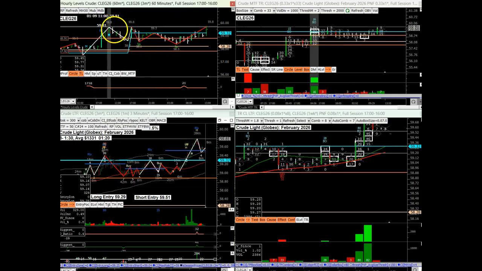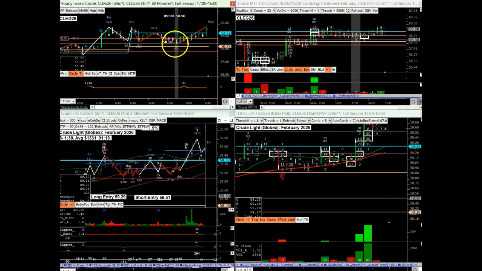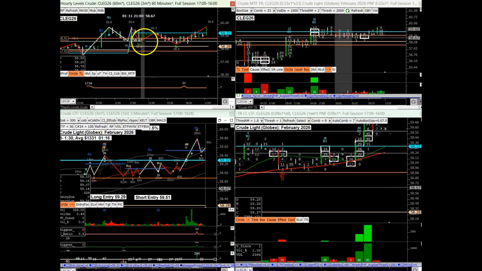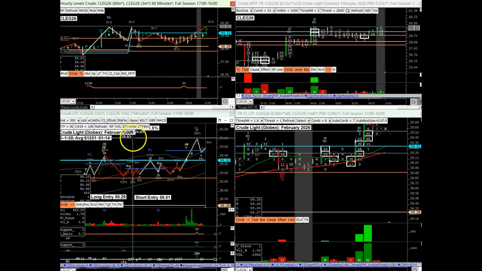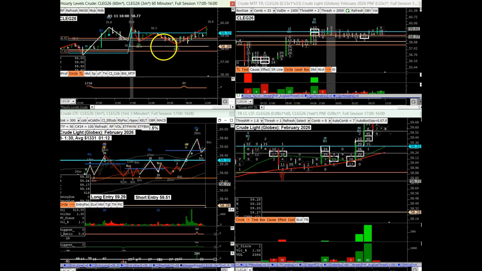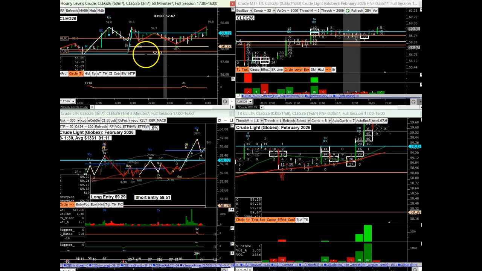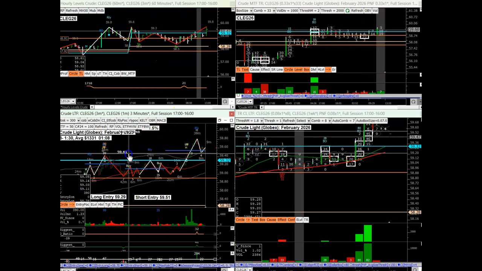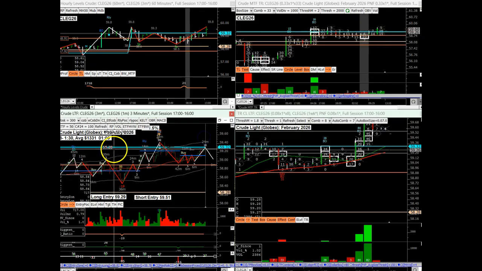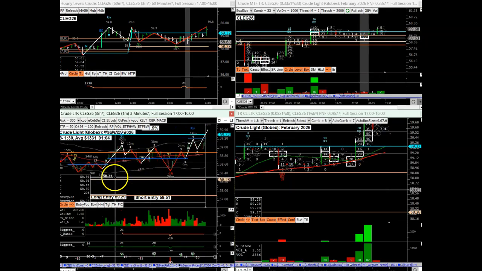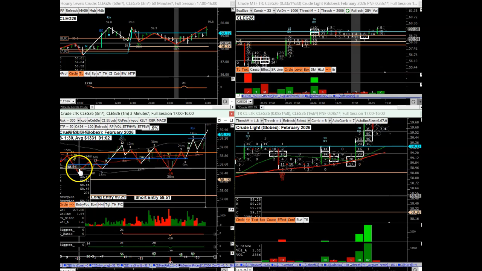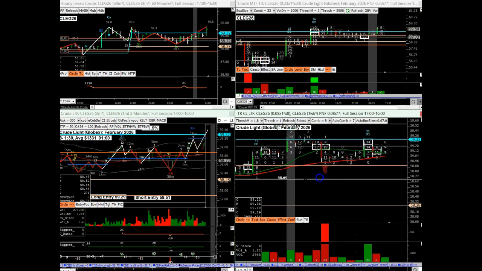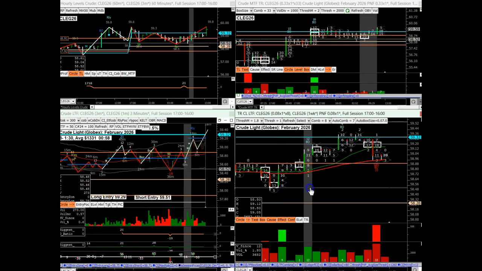So you had a rally, it pulls back to these areas. You see this low, low, low. We'll just take a look at these last three lows. As price goes to this low, we back it up to those lows.